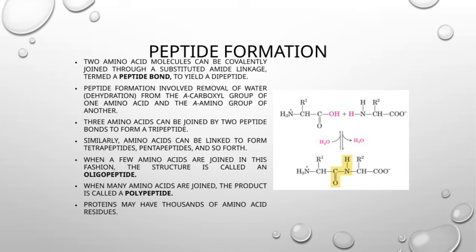But once we have many amino acids joined together, the structure is called a polypeptide. In fact, proteins can contain thousands of amino acid residues, making them incredibly complex and functional. Understanding peptide formation is fundamental because it explains how amino acids link to create the diverse proteins essential for life.